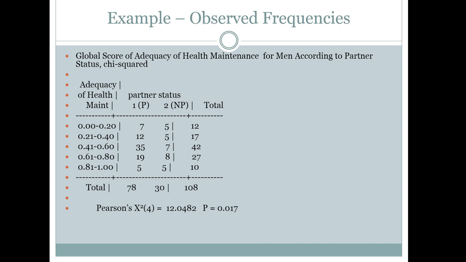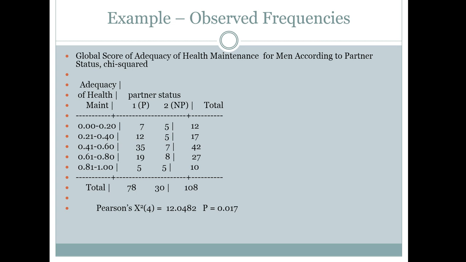But the bottom line is that the questionnaire will give a perfect score of 20 if they are totally on it in performing all of the health maintenance and preventive services that are recommended by the US Department of Health and Human Services.